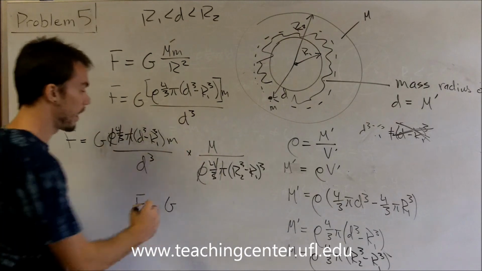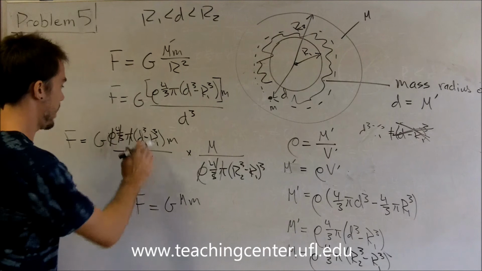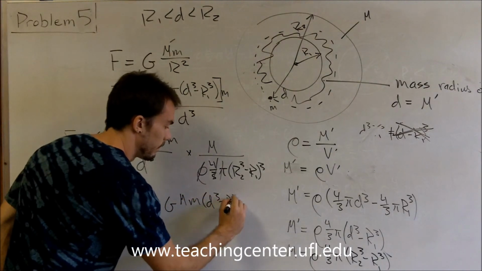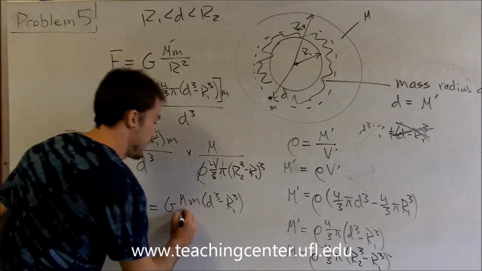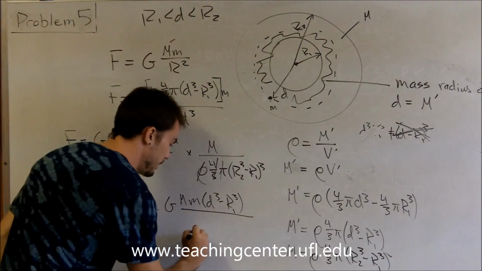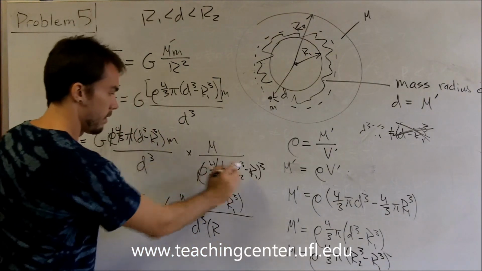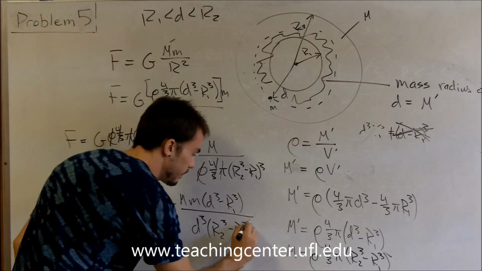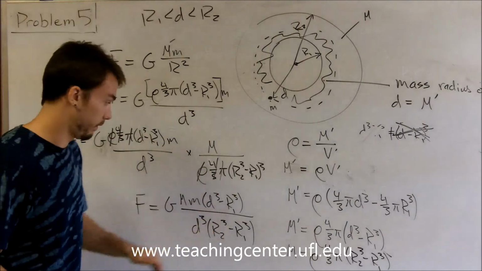We have our big M, our little m, and we have our r2 cubed minus r1 cubed, all left in the numerator. Okay? Now in the denominator, we're going to have our d cubed. That didn't cancel. Nor did our r2 cubed minus r1 cubed. Now, hopefully you realize that those don't cancel out.